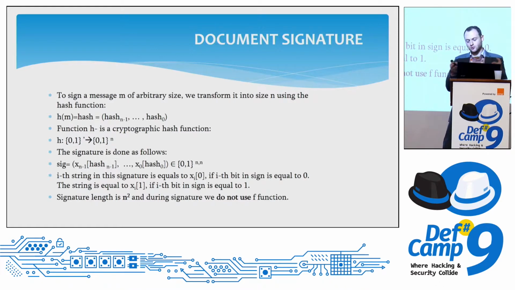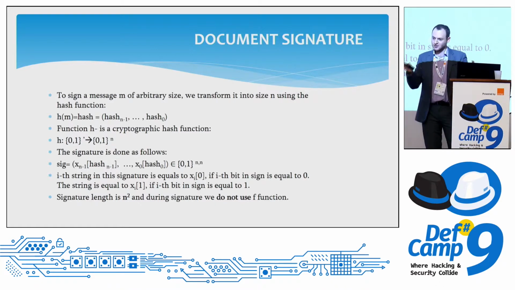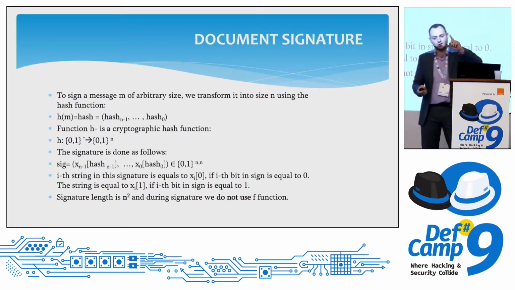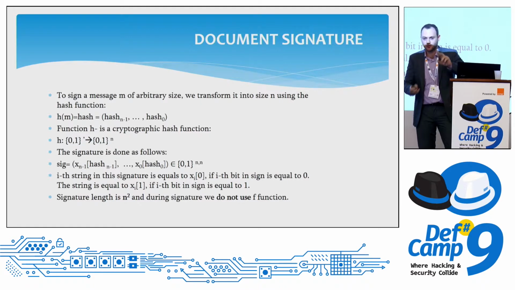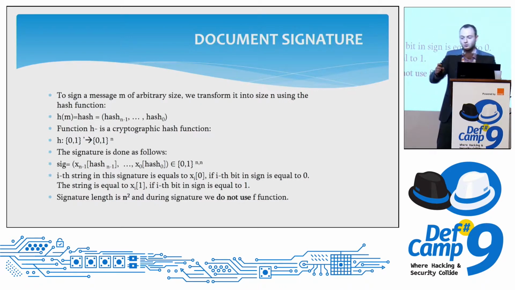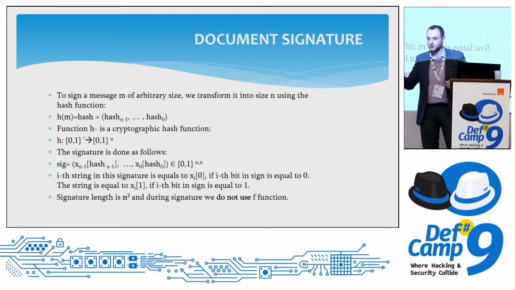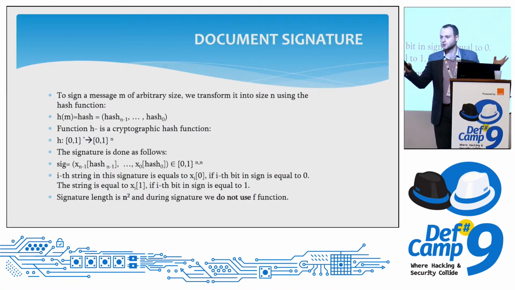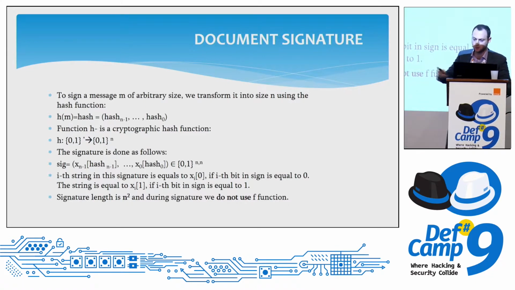So we look at the message. If the first bit is 0, we take the first signature key from the pair of keys. Like this, we check every ith bit. If the ith bit is 0, we take the first key from the pair. If it's 1, we take the second key from that pair. And the size of the signature is n squared.